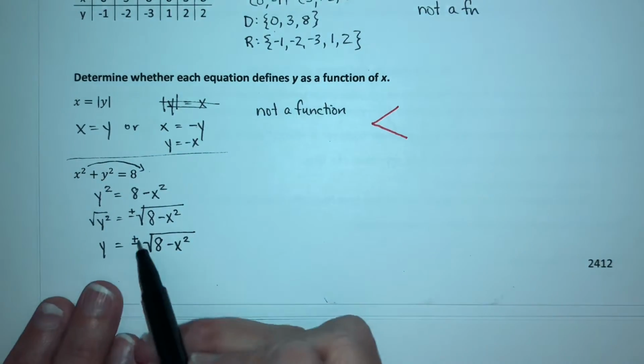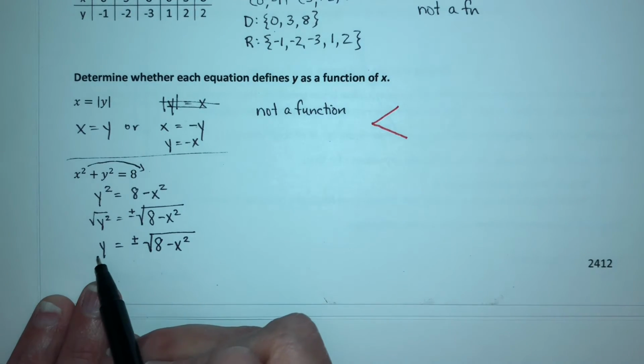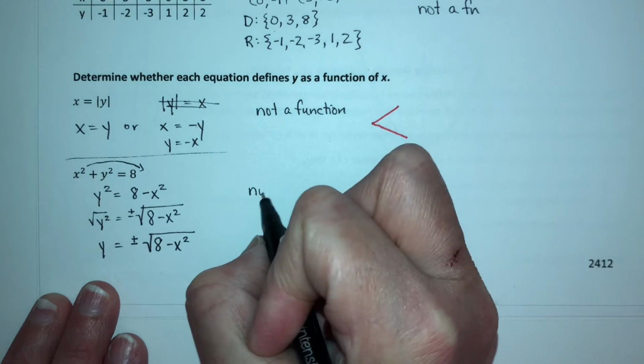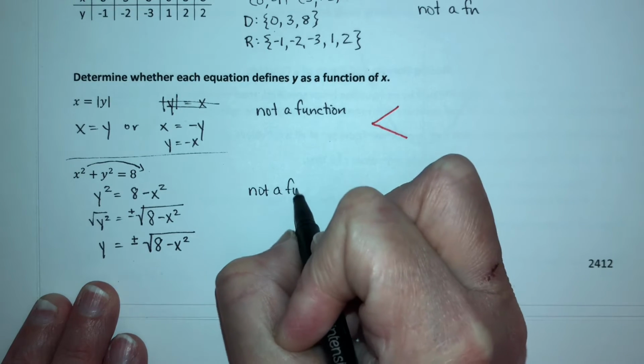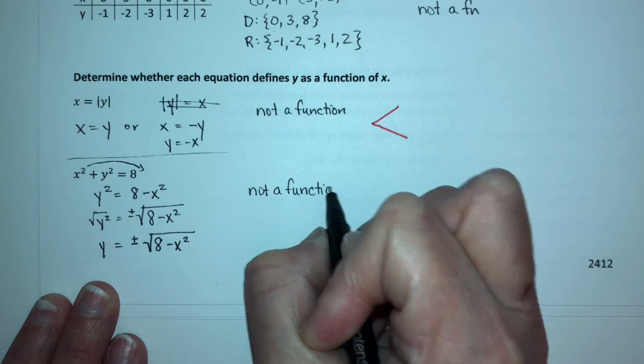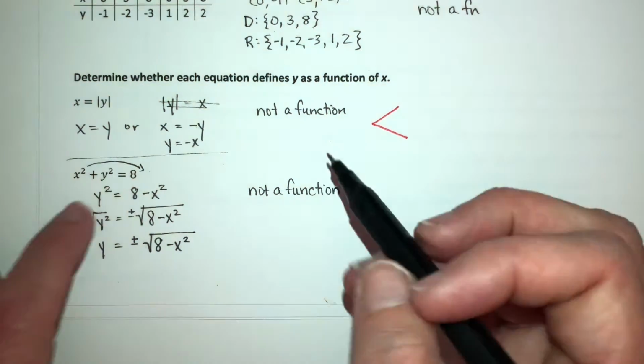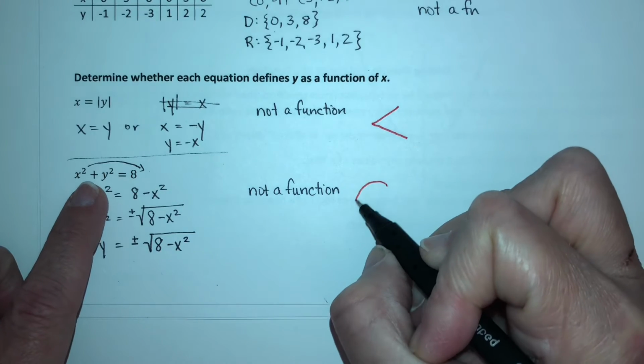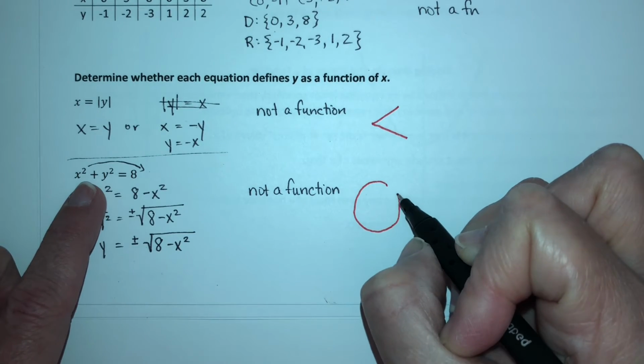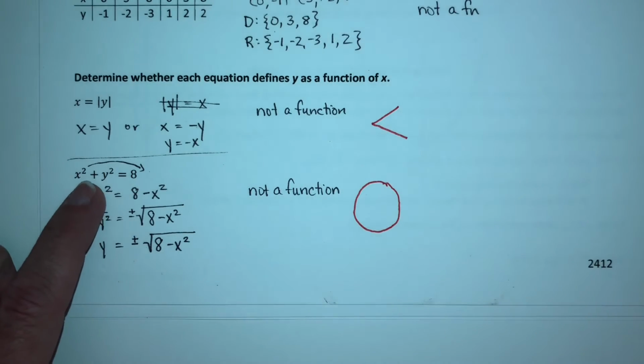Again, we got a plus or minus when we solved it for y. So this is, again, not a function. Okay. And again, we haven't talked about this yet, but this is a circle. And when we start talking about the graphs of functions, we'll be able to come back to this.